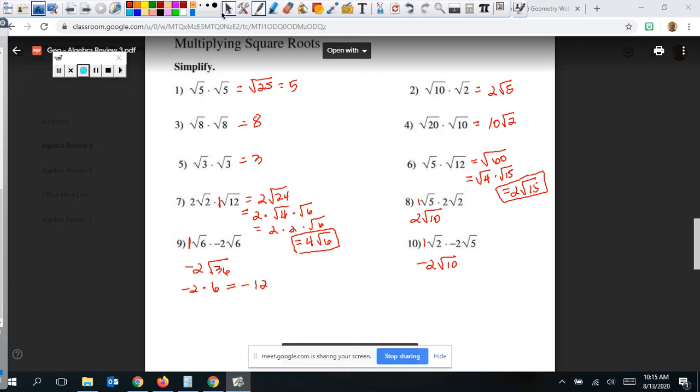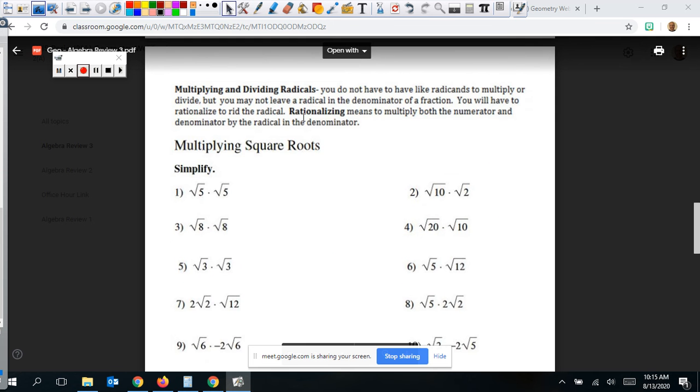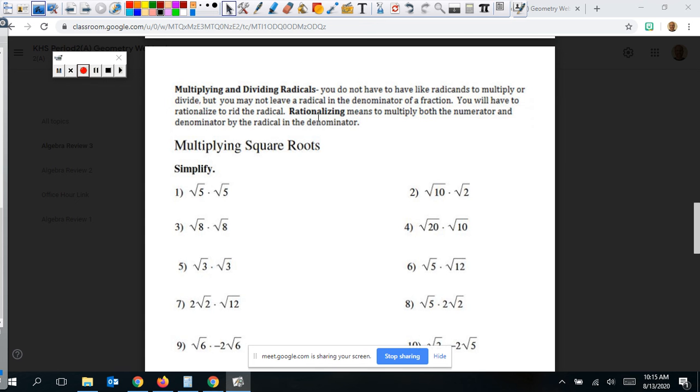Now dividing, these ones are a little more challenging because we have to talk about rationalizing. So when we rationalize, that's what this is. Rationalize simply means that the denominator has to be a rational number, which means it cannot be a radical anymore, because radicals are not rational numbers. There are certain types of numbers.